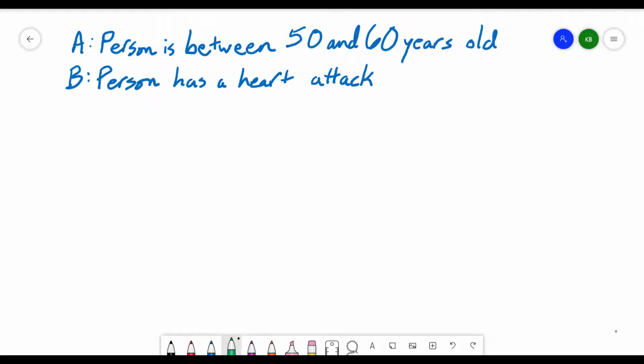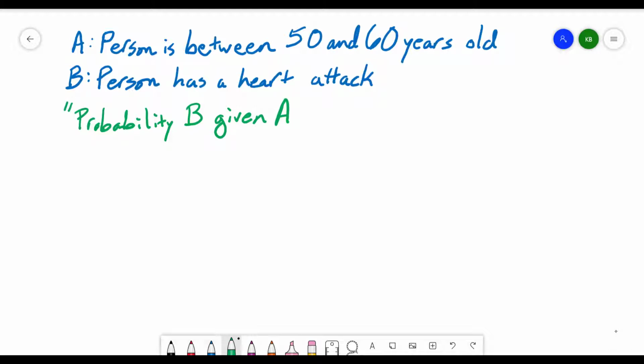So in my conditional probability example, I was interested in the probability that a person has a heart attack given that they're between 50 and 60 years old. So I'm interested in the probability of my event B that I have here, the person has a heart attack, given my event A, the person is between 50 and 60 years old.